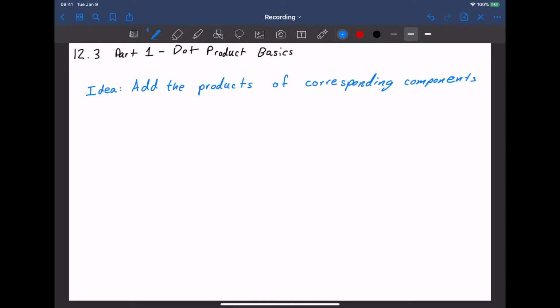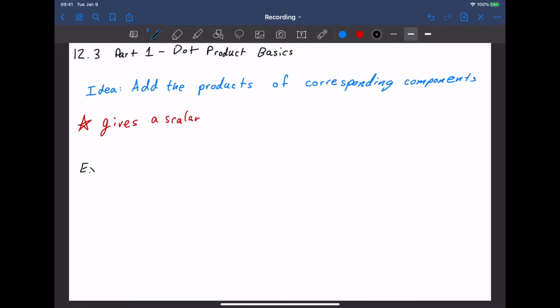This one's going to just take each component, multiply them, and then add the results up. A key thing to remember here is this will give us a scalar, or just a number. It will no longer be a vector.